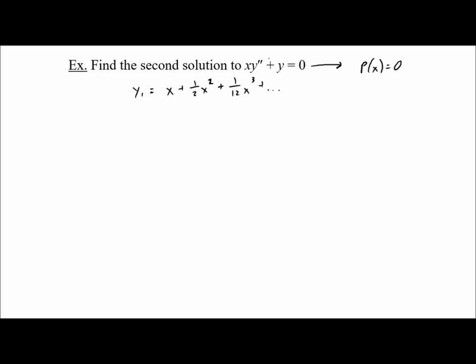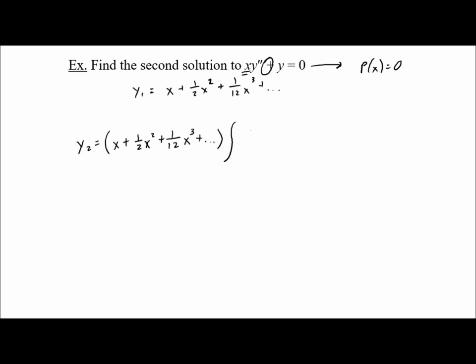Certainly, if there had been a y prime term, we'd have to divide it by that x, right? To talk about p of x and q of x, we need a lead coefficient of 1, but in this case it's 0, so who cares? So my second solution is going to be y1, which is that power series. And in this case, it is a power series, right? The powers of x are integers, or are whole numbers.